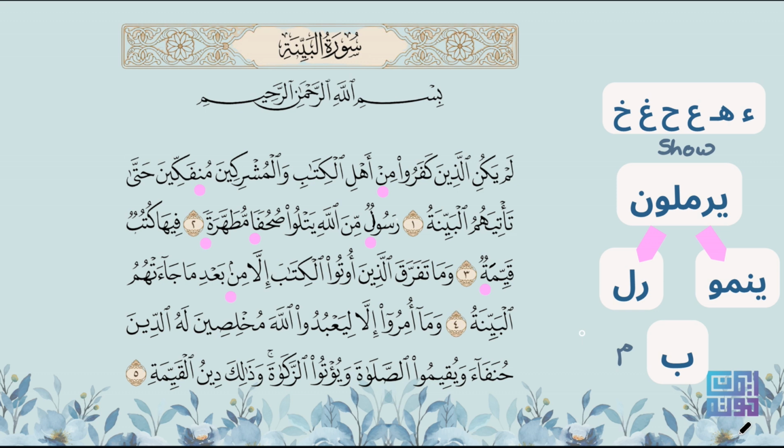So let's have a practice here and let us point out the Noon Sukoon and let us see what is the rule here. This is izhar. This is number one. Okay, first rule, izhar. Second rule is idgham. Third rule, so that we just don't get confused, is ikhfa. All remaining letters.